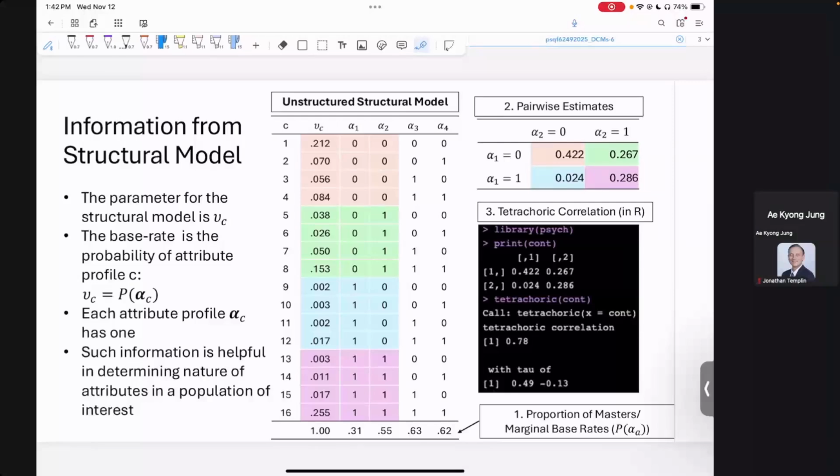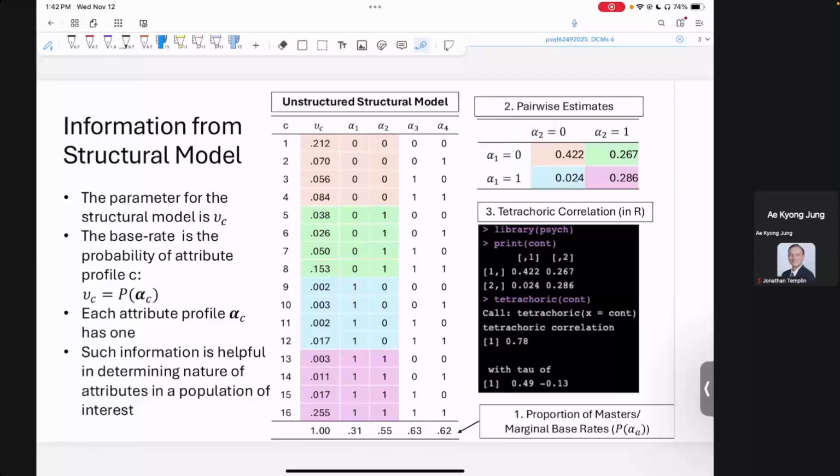And the other information that we can get is tetrachoric correlation. If we put this contingency table into R and use the psych package and the tetrachoric function, then we can get the tetrachoric correlation between these 2 attributes.